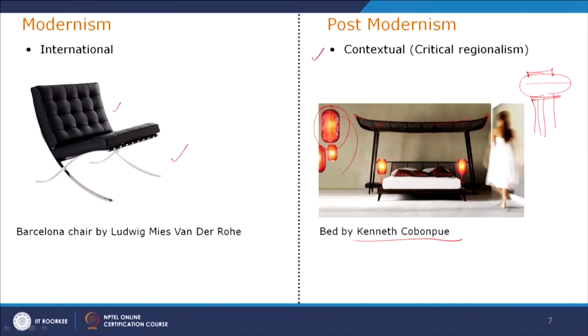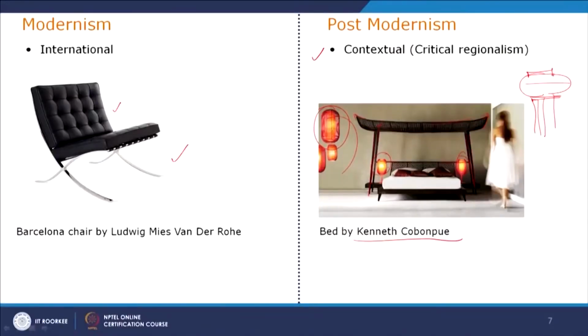A series of chandeliers is also placed with the bed, and all this structure gives a sensation of the Philippines' own vernacular design. So there's a contrast between the modernist approach to furniture design and the postmodernist approach. In the next class we will start discussing each postmodernist movement from architecture as well as design in detail.